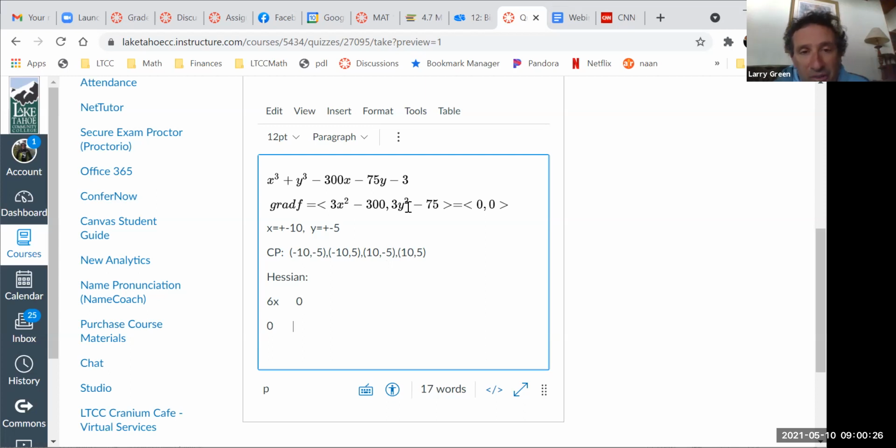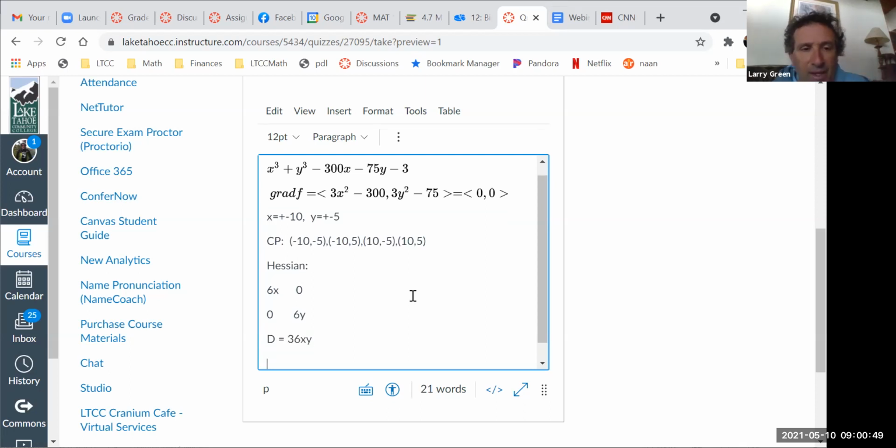And the partial derivative with respect to y twice is 6y. And then the determinant, D, so D stands for determinant, is equal to 36xy. Any questions so far?